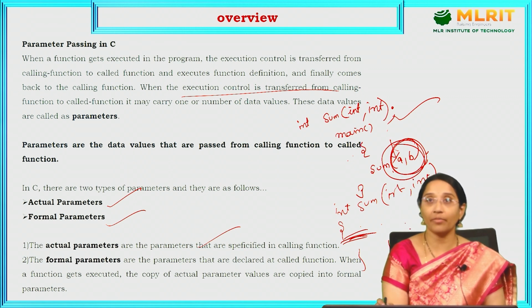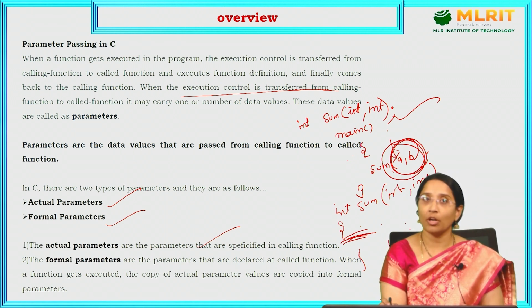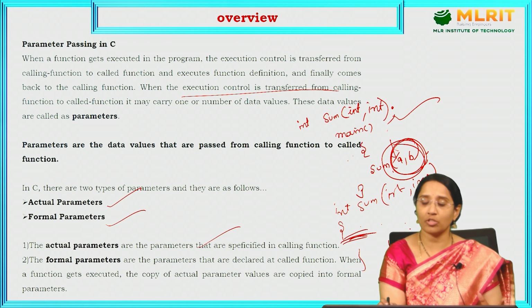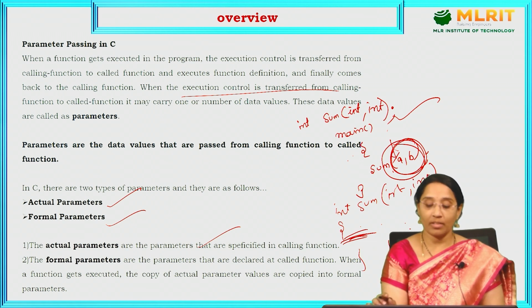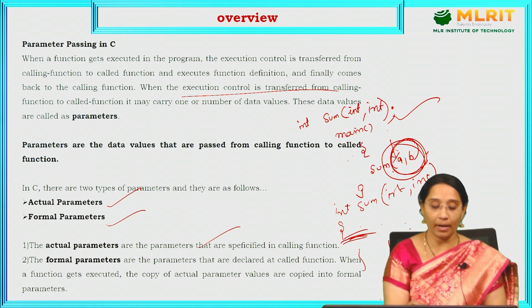The parameters that we use in the function definition are called formal parameters.